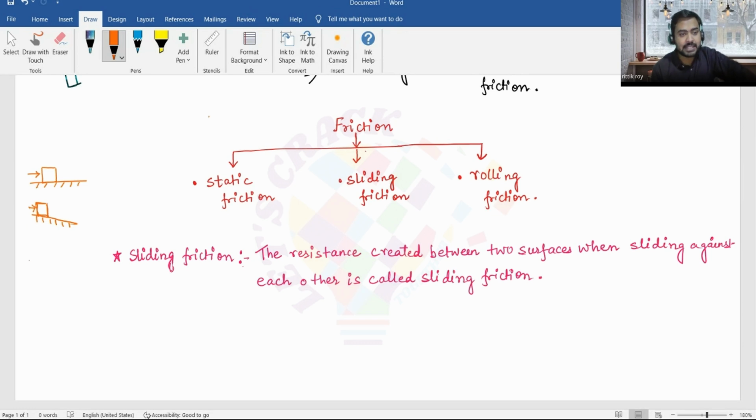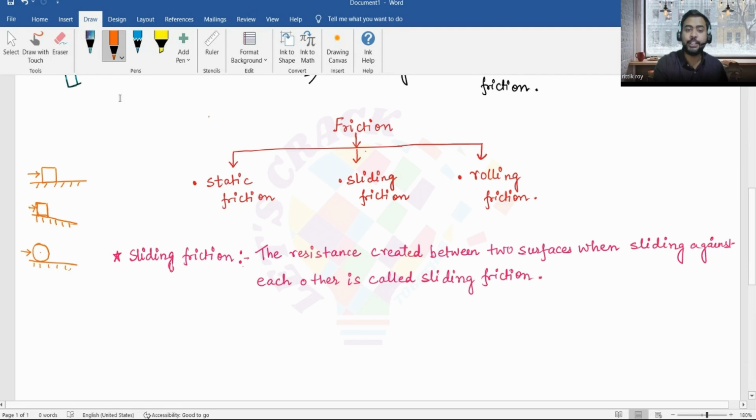And if the body is rolling on the surface, then we call it rolling friction. So friction is broadly classified into three headings: static friction, sliding friction, and rolling friction.